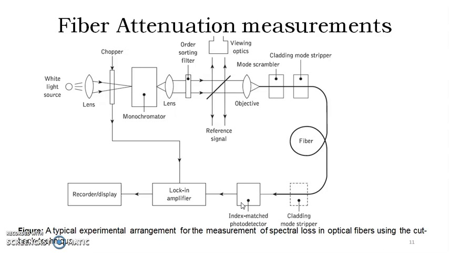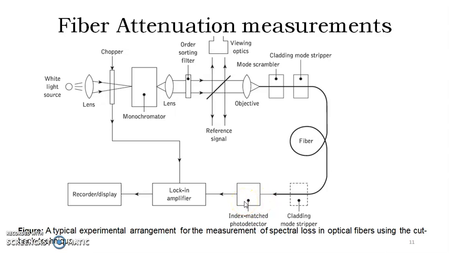So we consider that some particular fiber will have a propagation of light inside the cladding there. So at the end we use a receiver, and that receiver we call a photo detector.